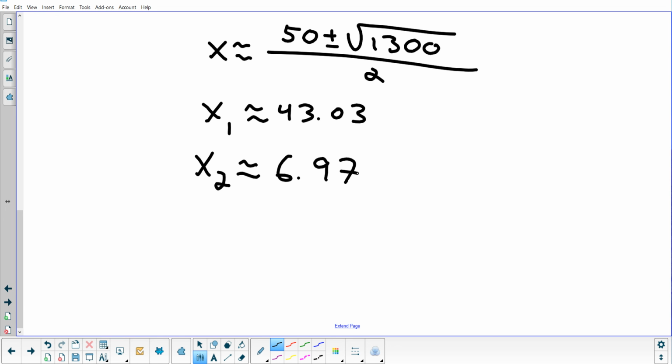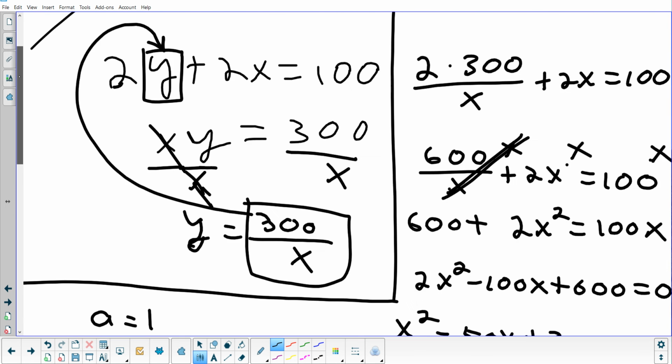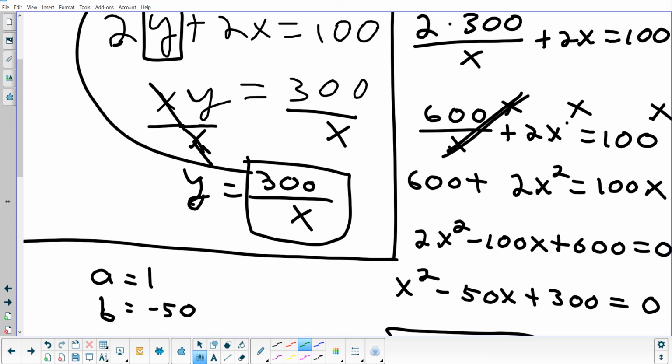What do I still need to find? The y. But that's going to be easy because I have a formula right there. y is just when you take 300 and divide by x. So take each one of my answers and divide 300 by them.